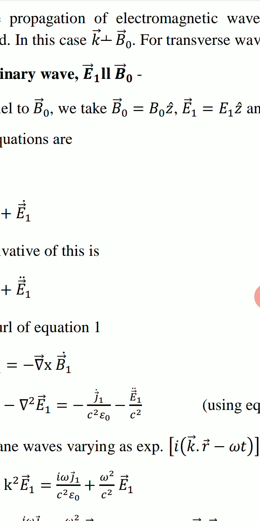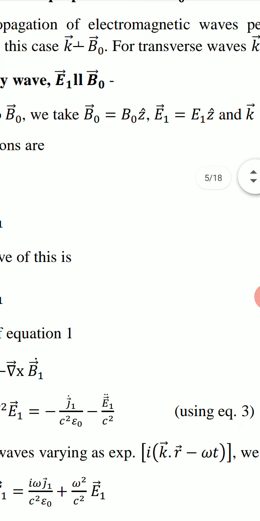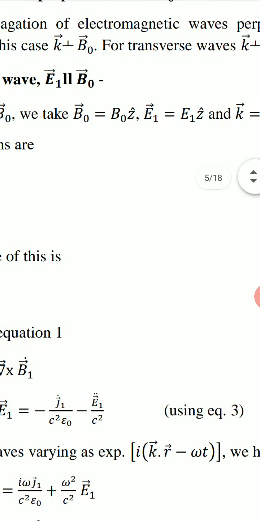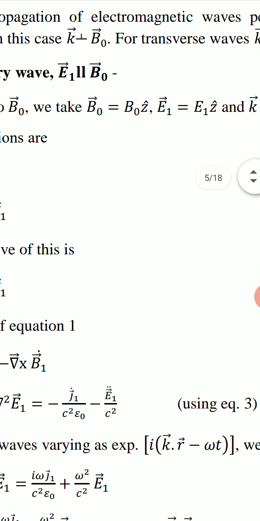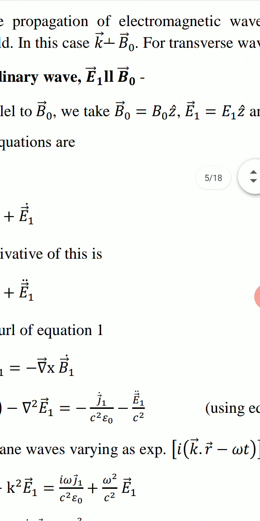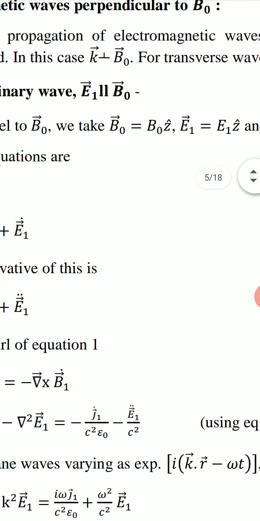And since E1 vector is parallel to B0 vector, direction of E1 vector will also be along the direction of z axis, and we write E1 vector as E1 z cap. So both B0 vector and E1 vector are along the direction of z axis. This is the case E1 vector parallel to B0 vector.